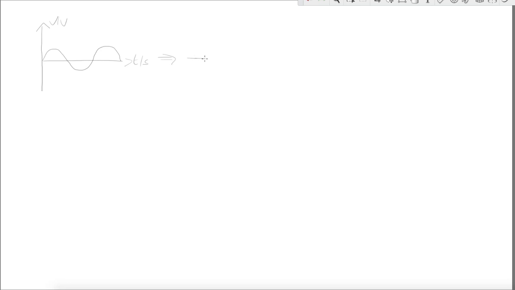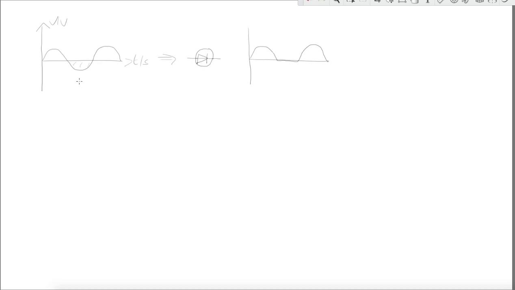I'll try and draw this as you're supposed to draw it. The convention for drawing diodes has changed from when I was at school. So pass it through a single diode. What you get then, you cut off, this is a perfect diode, basically you cut off this bit. Now that's all very well, but you don't really want to lose that bit.